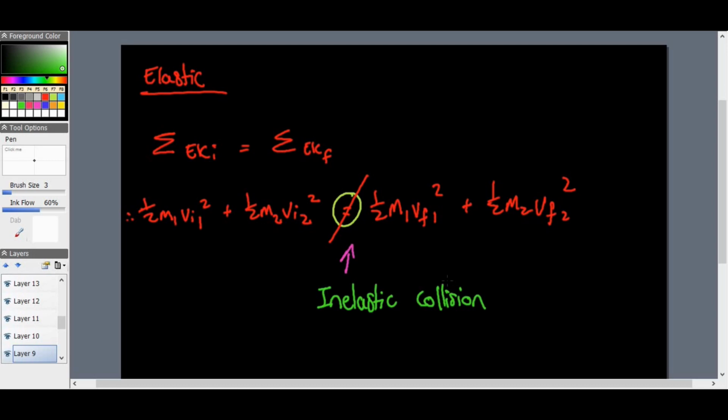The inelastic collision would be cars smashing into each other, meaning that the total kinetic energy before of the two objects does not equal that after, which would make sense because the velocities would obviously decrease.